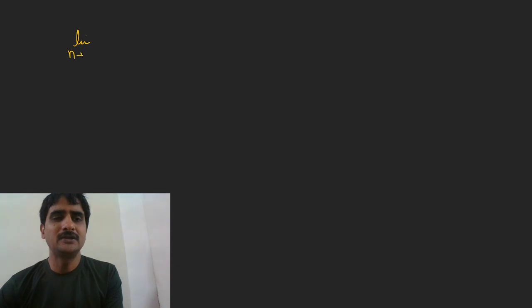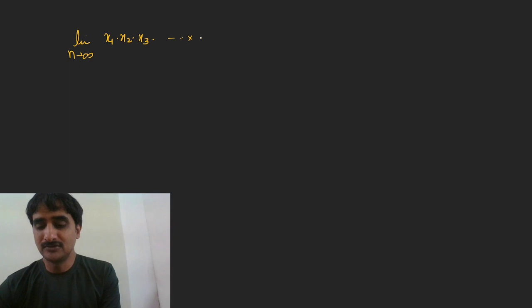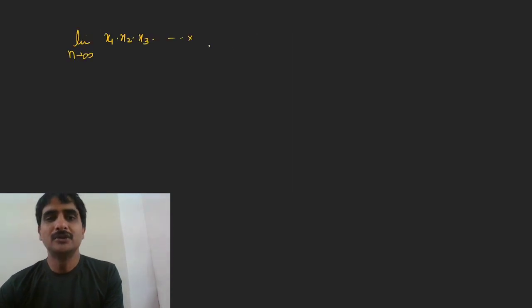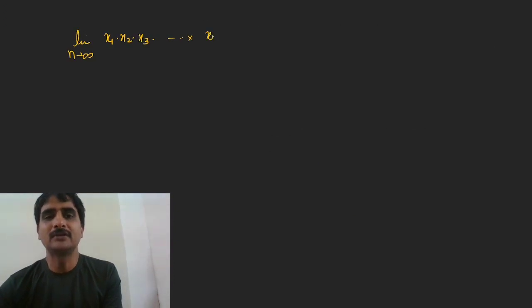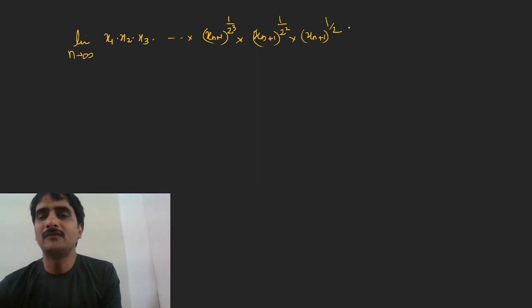See, n tends to infinity. So I'm starting from the last few terms just to show you what's happening. Xn minus 2, what was that? If I take xn plus 1 common from here, you get xn plus 1 raised to the power 1 by 2 cube into something. From xn minus 1, if I take it common, it will be xn plus 1 raised to 1 upon 2 square, and if I take it common from xn, it will be half, and whatever you are left with.